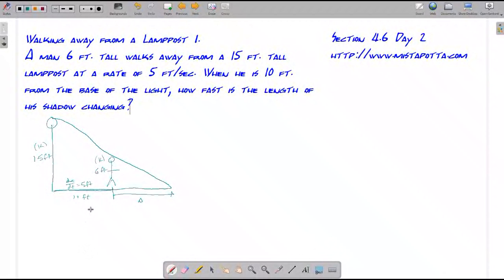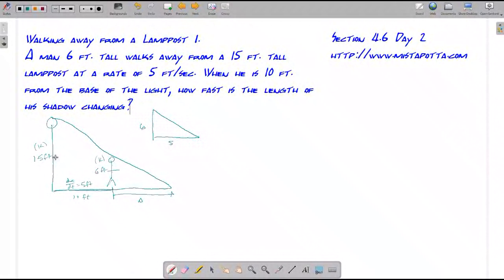So, looking at what I've got here, I really do have two triangles. I've got one triangle that represents the man and his shadow. And for this man and his shadow, the man is 6 feet tall, and his shadow is s feet long.